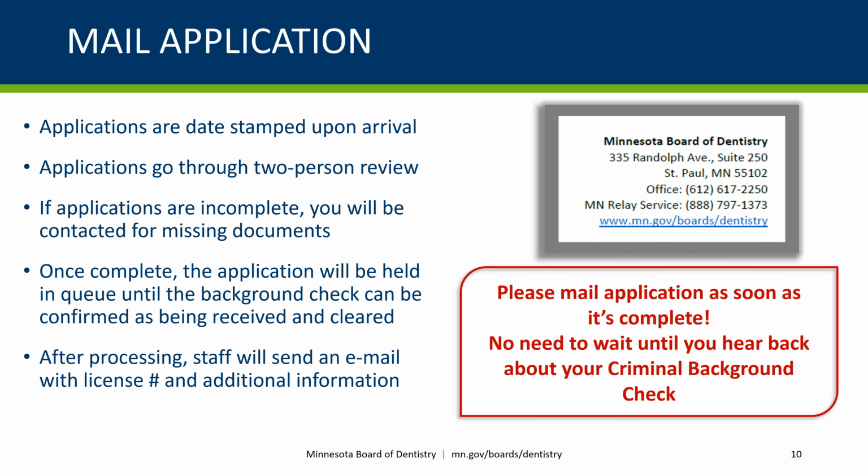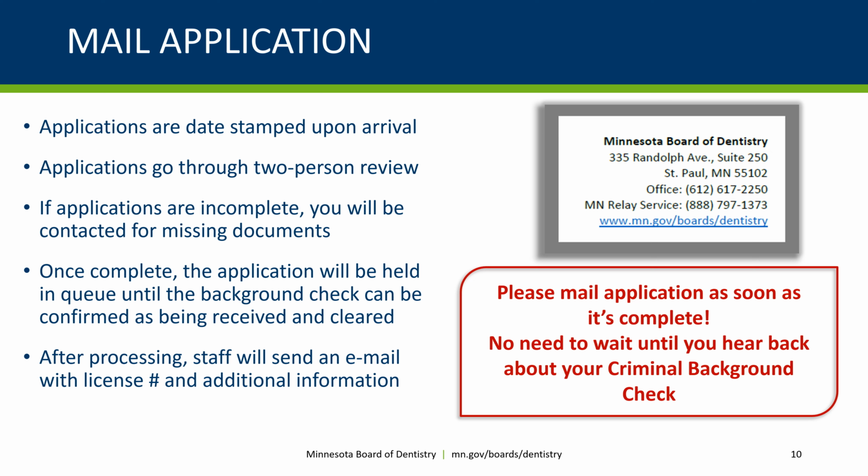Once you have completed the application packet and have all documents required, you are ready to mail it in to the board office. Applications are date stamped upon arrival and go through a 2-person review. If at any time the application is found to be incomplete or missing information or documentation, staff will email the applicant.